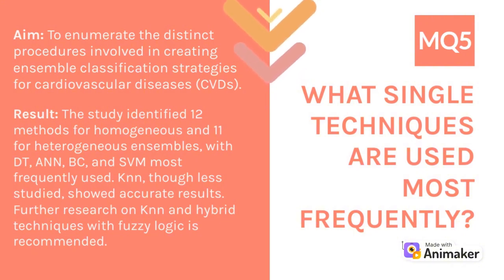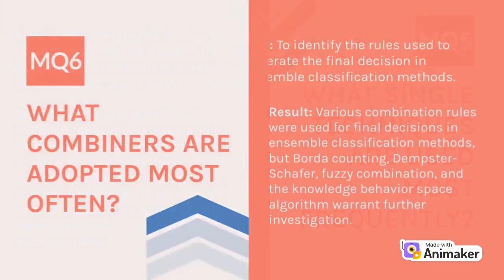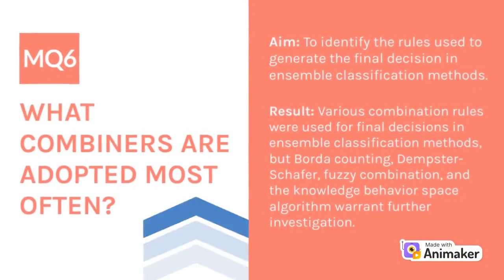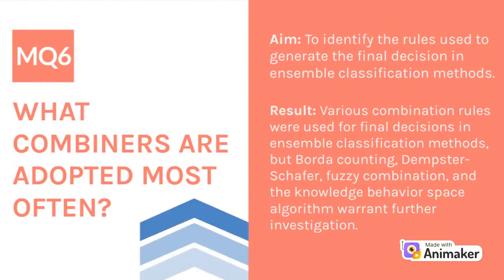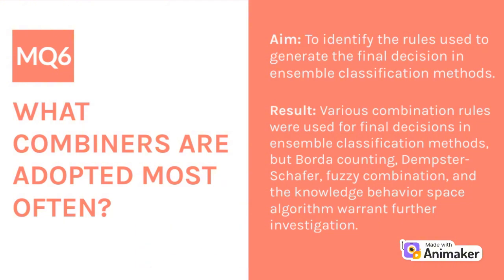Further research on KNN and hybrid techniques with fuzzy logic is recommended. MQ6 aimed to identify the rules used to generate the final decision in ensemble classification methods. Various combination rules were used for final decisions, but Borda count, Dempster-Shafer, fuzzy combination, and the knowledge behavior space algorithm warrant further investigation.